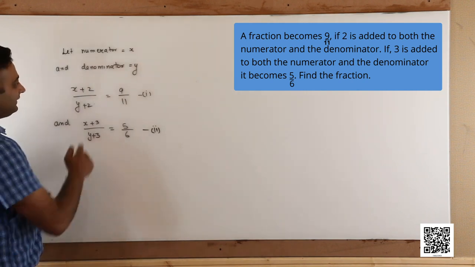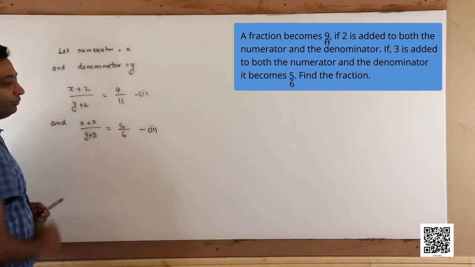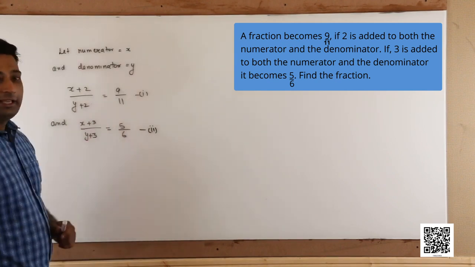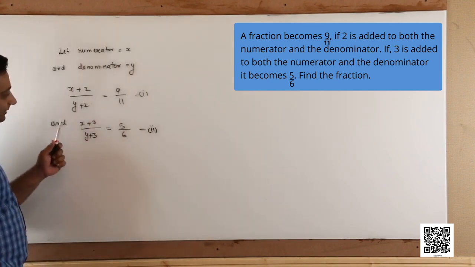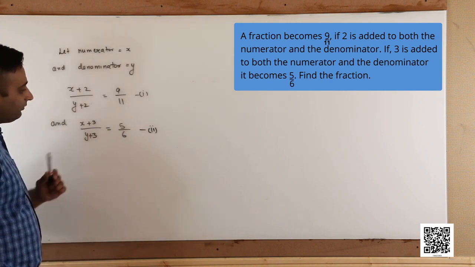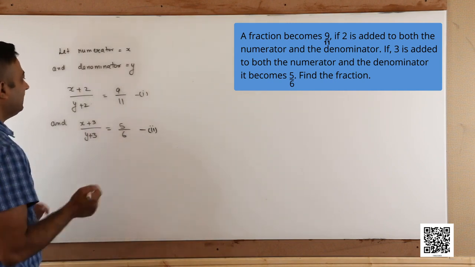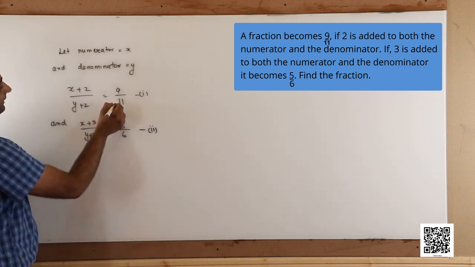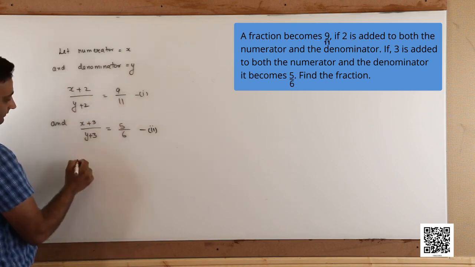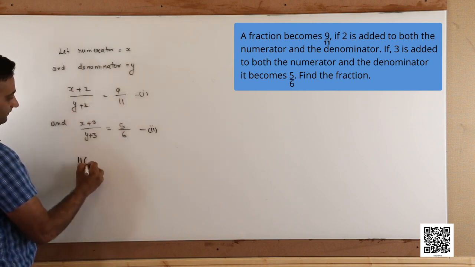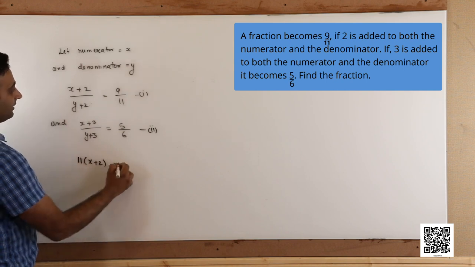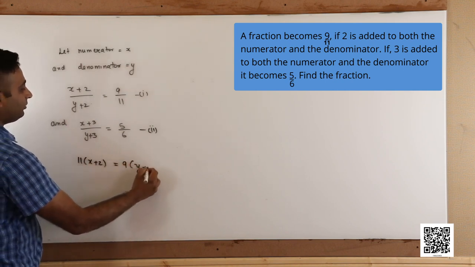According to the given conditions, (x plus 2) upon (y plus 2) is equal to 9 by 11 and (x plus 3) upon (y plus 3) is equal to 5 by 6. Let us find the equations. 11 into (x plus 2) is equal to 9 into (y plus 2).